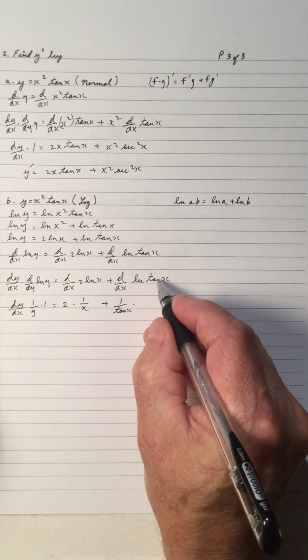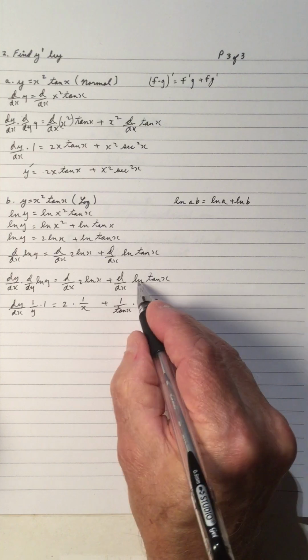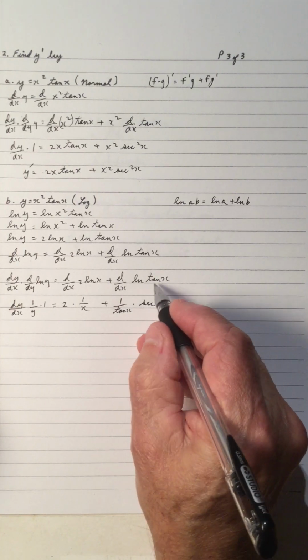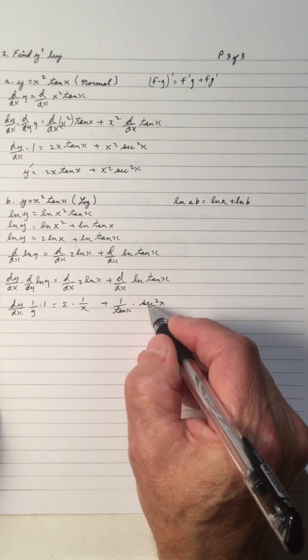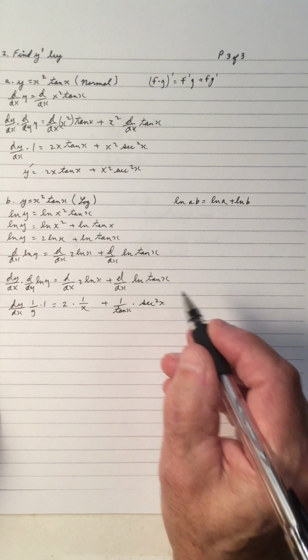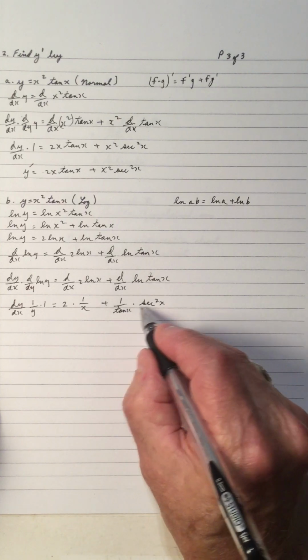And the derivative of tan is secant squared, because this is a chain rule. So the derivative of ln is 1 over the function, and the derivative of the inside function, which is tan, is secant squared.